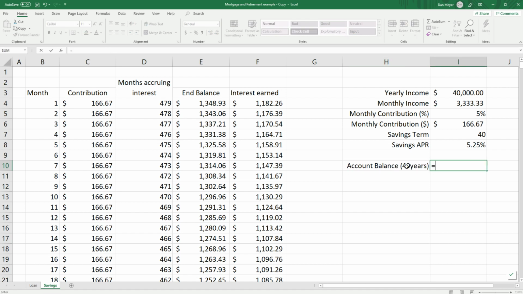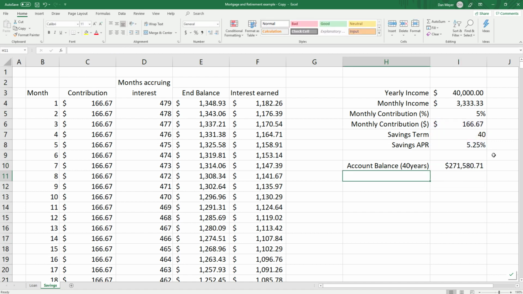If we use the FV function, that's the function in Excel that we use to find the future value of all of our deposits, we take our interest rate divided by 12. The number of payments is 12 times our savings term here. And the amount of our payments, as a negative, is that amount there.